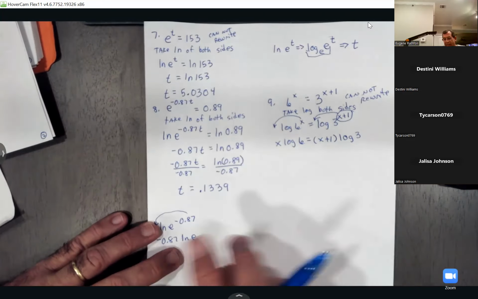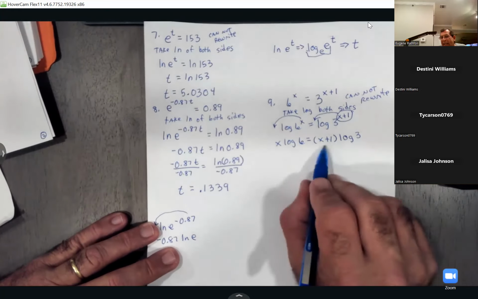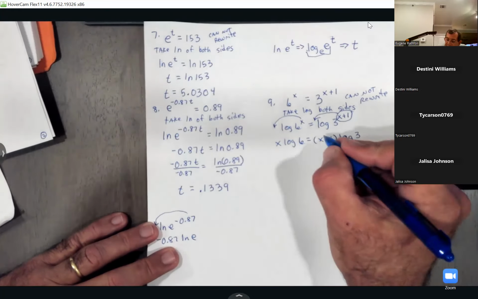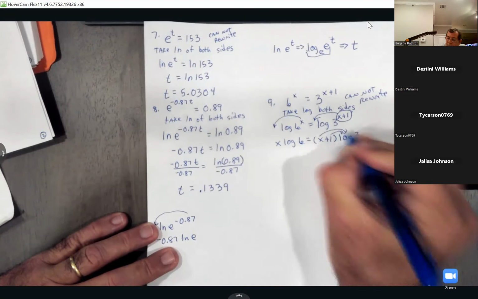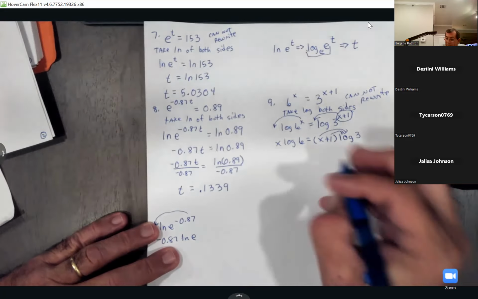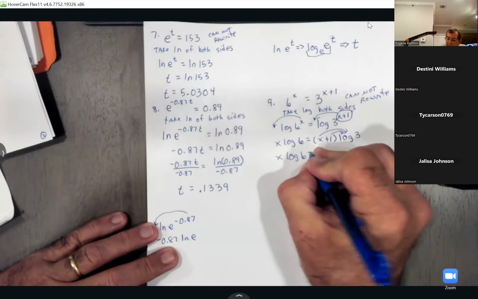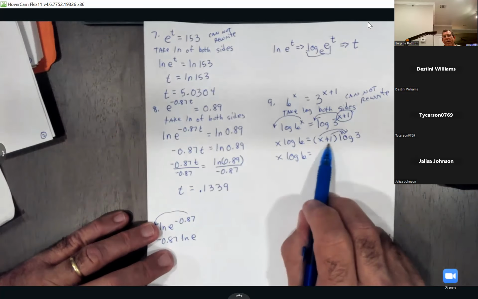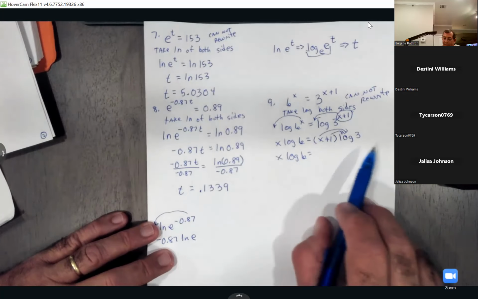So here's your next step. Can't do nothing on this left side. The right side, I need to get rid of the parentheses. So both of these, we're going to multiply times that log 3. So I'm going to bring down the x log 6. Because remember, that's the only way I can get rid of these parentheses, by actually distributing and multiplying.